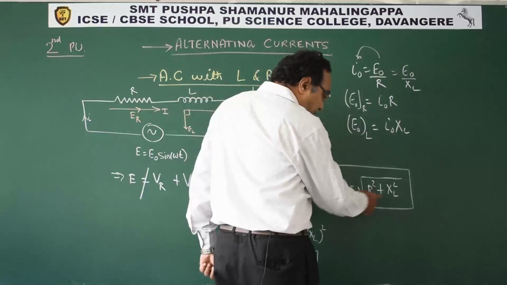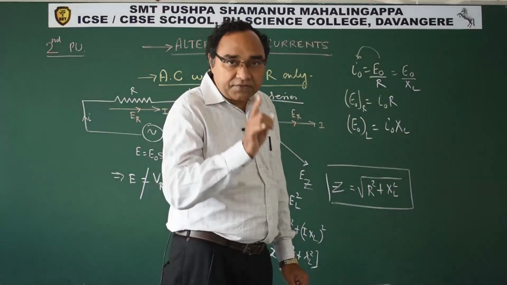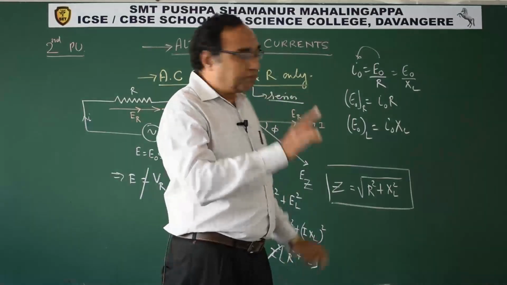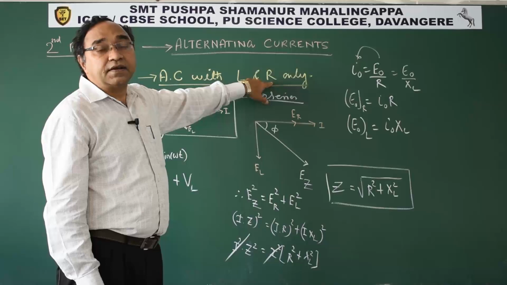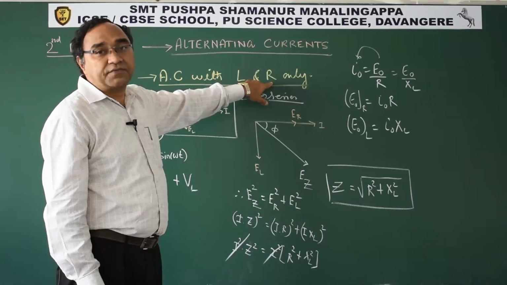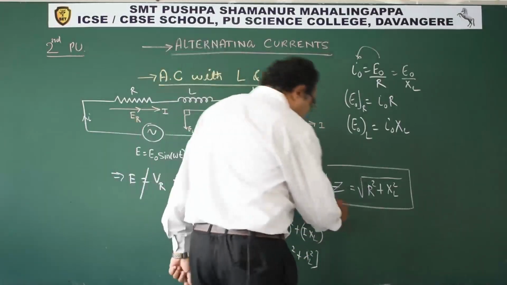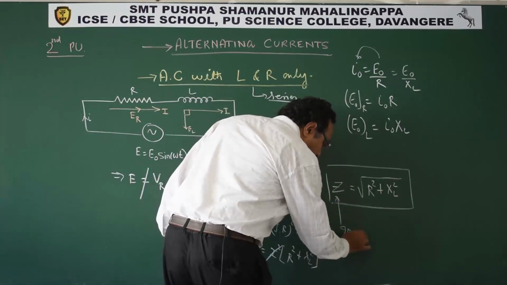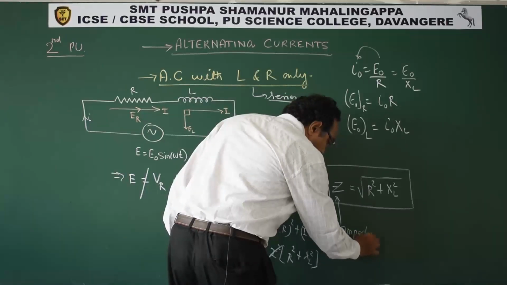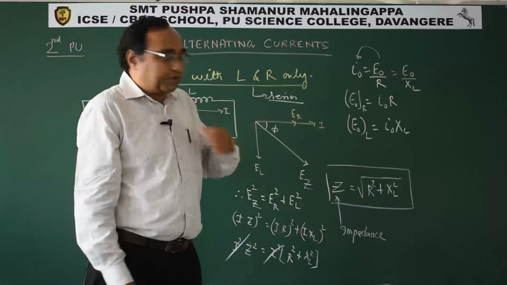So this equation is the resultant resistance of LR circuit. It is the net resistance of LR circuit. It is known as impedance. If you are aware of the simple meaning of impedance, the simple English word, it is a synonym for resistance.